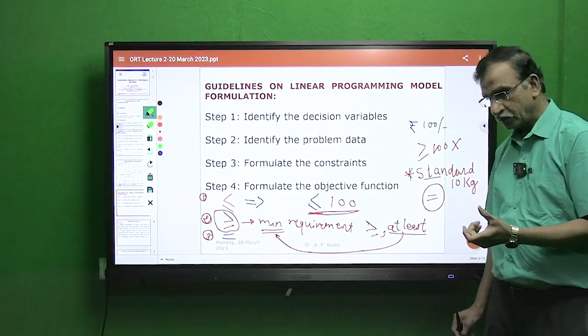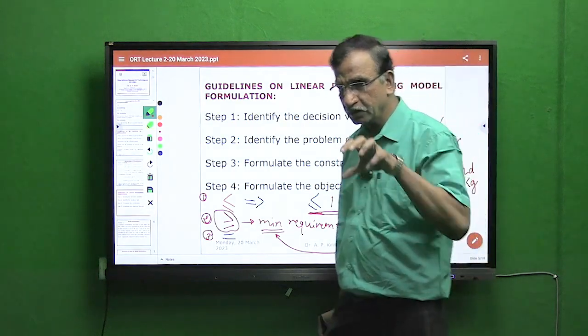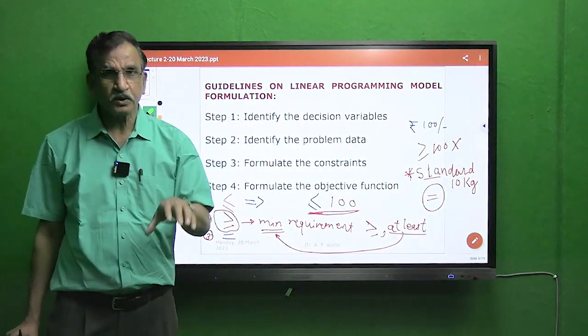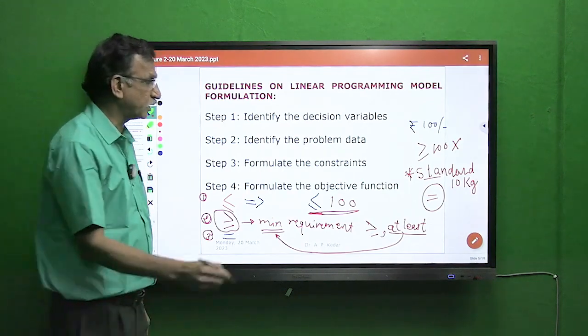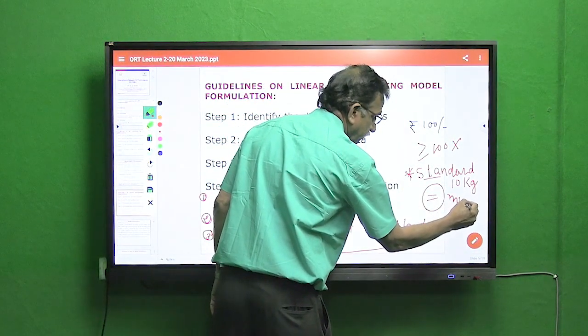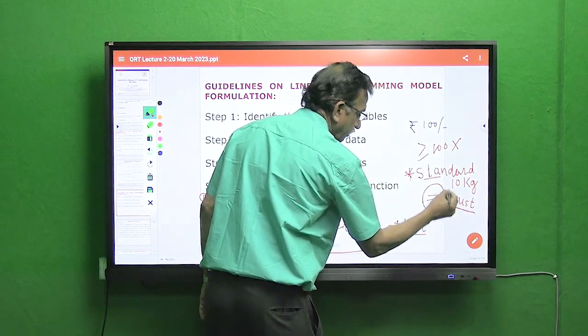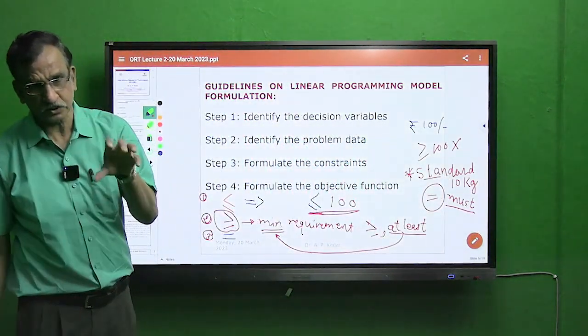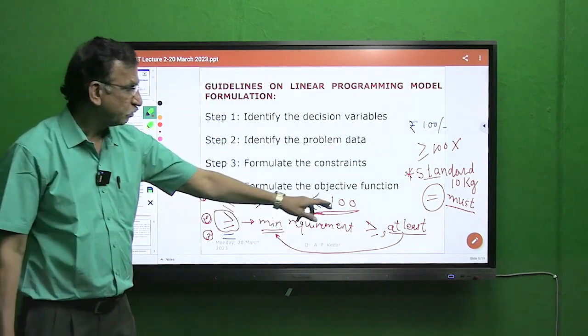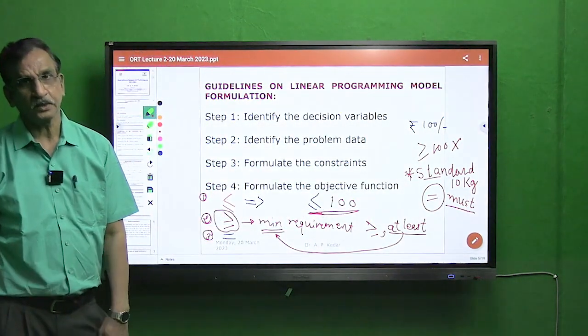Or the condition is stressed by words like "must". Suppose they use the word must in the problem definition. Again we have to go for the logical sign equal to.